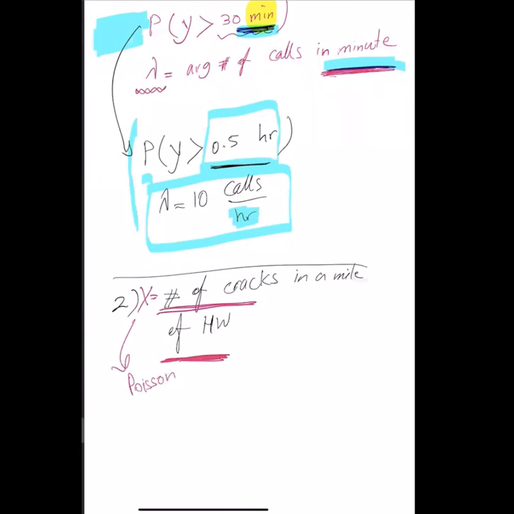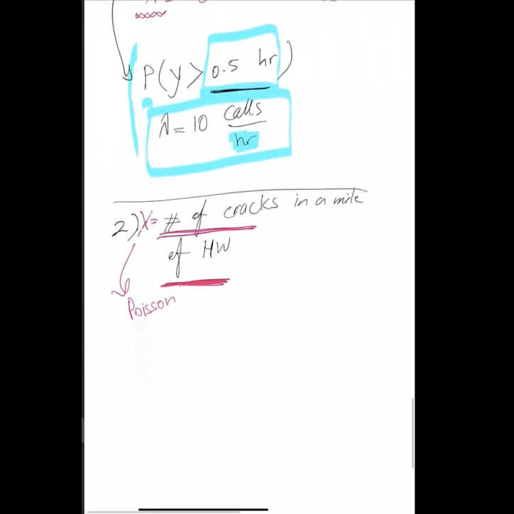Is a Poisson random variable discrete? Perfect. Can you tell me what is the corresponding exponential? Distance between the cracks. Exactly. The corresponding exponential will be the distance between the cracks.